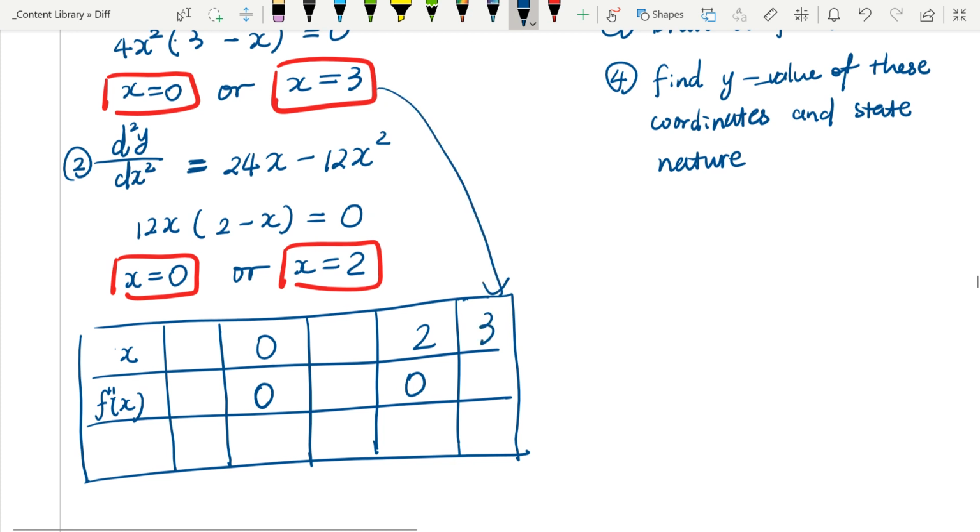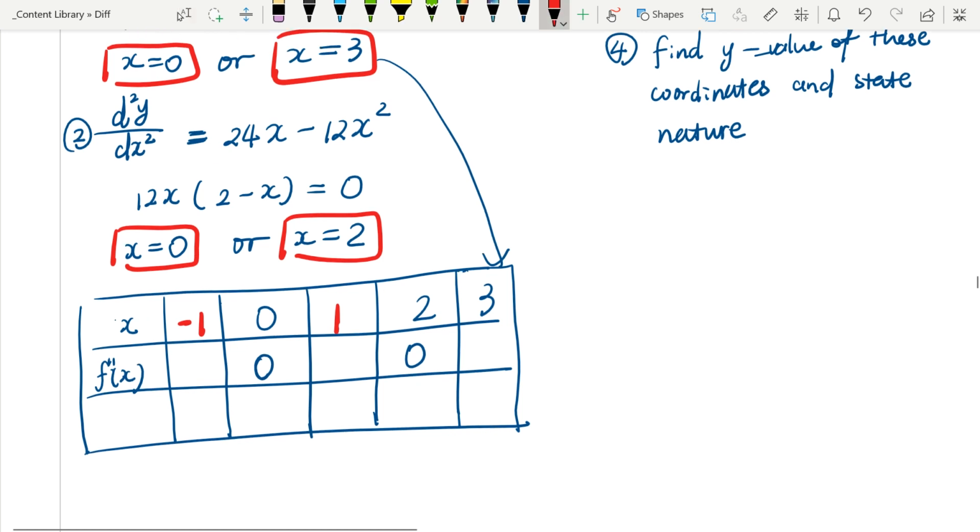If I had 5, I'd put 5 there, because that's the point where I want to see the second derivative, to test whether it's a maximum or minimum turning point. So we need the second derivative at 3. Sub that in directly, saves me some time. I can just pick 1 and negative 1 here.